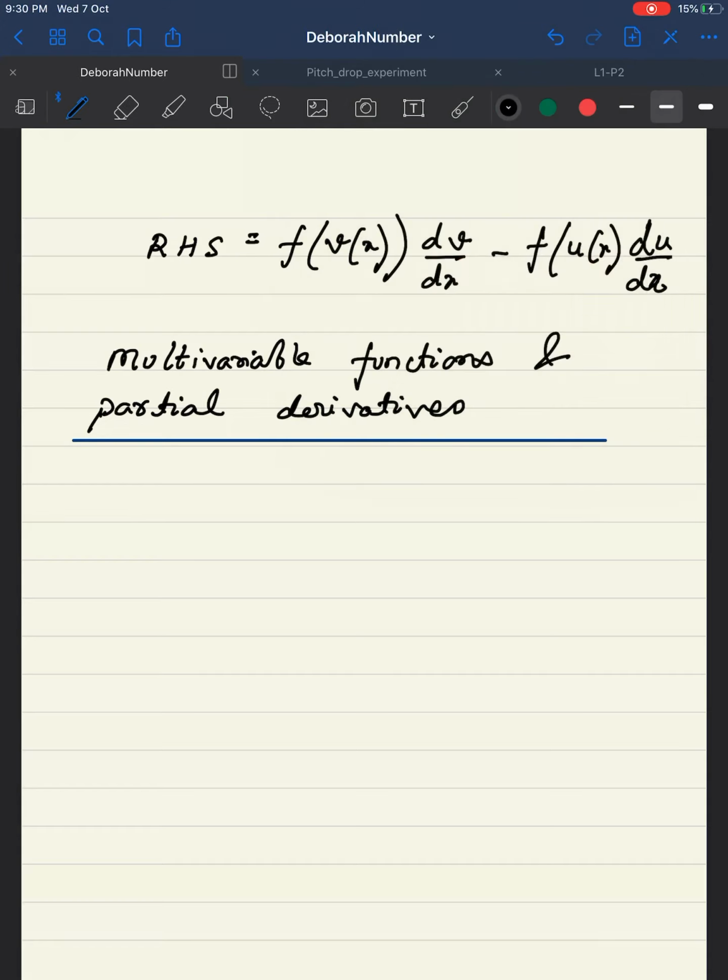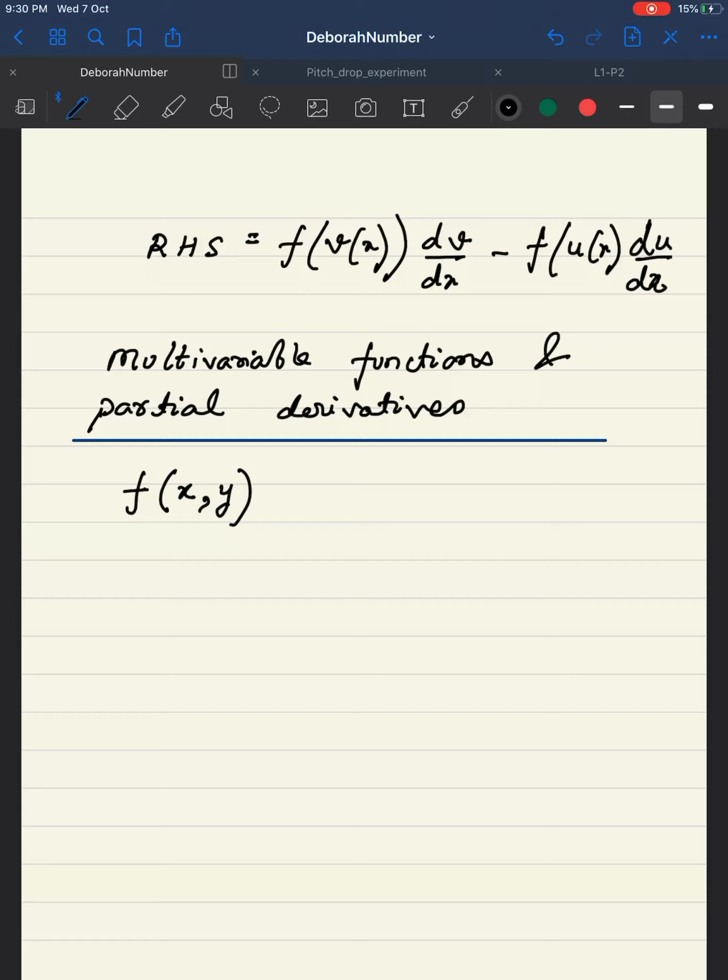Okay. So by multivariable functions, we mean functions of the type f, which in the earlier example was a function of only one variable; let's say it's now a function of two variables, f(x, y). Okay.